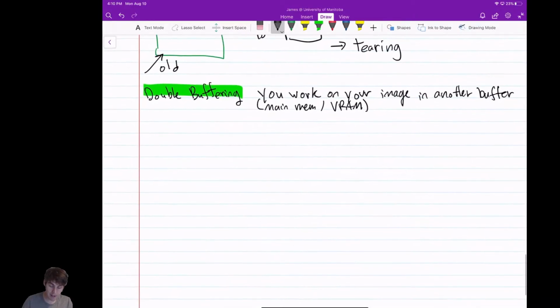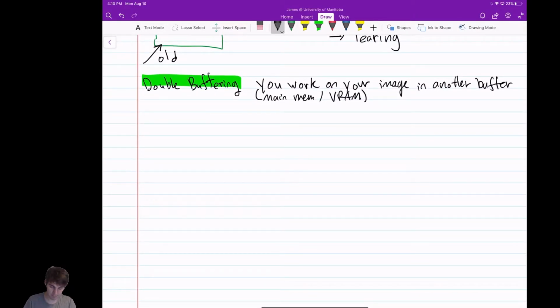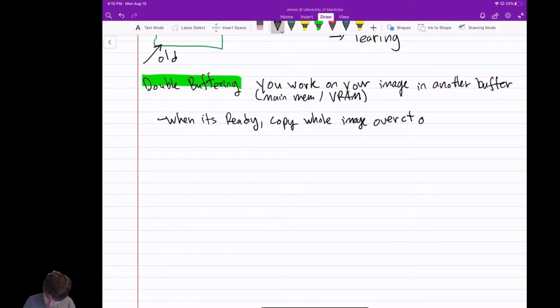And then when it's ready, you copy the whole image over at once, as fast as you can, to minimize the chance of the monitor grabbing it in the middle.